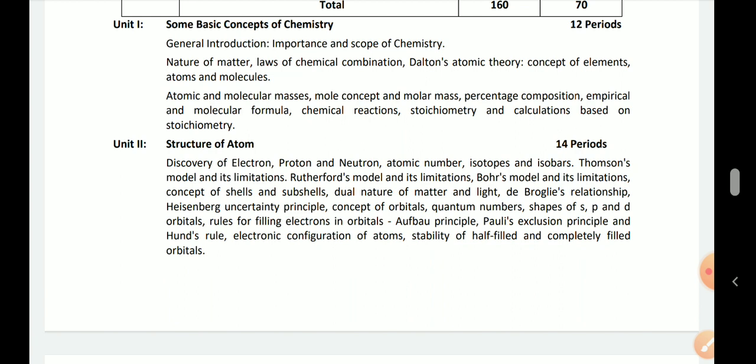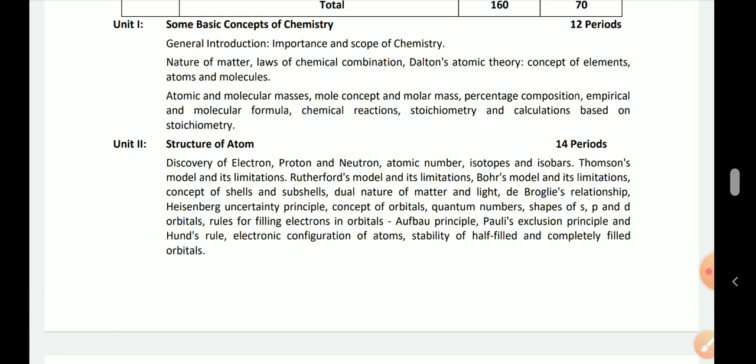Now the subtopics: general introduction, importance and scope of chemistry, nature of matter, laws of chemical combination, Dalton's atomic theory, concept of element, atom, molecule, atomic and molecular mass, mole concept, molar mass, percentage composition, empirical formula, molecular formula.